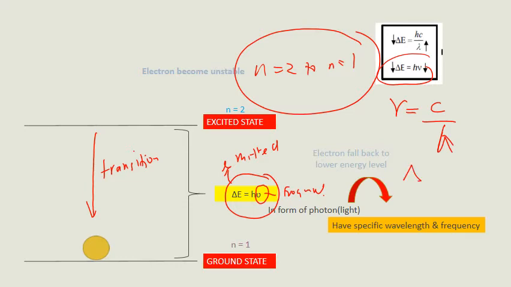So delta E equal to hv, okay, equal to hc over lambda. So delta E equal to hc over lambda. So macam itulah caranya kita nak calculate energy bila elektron undergo transition daripada higher energy level to lower energy level.